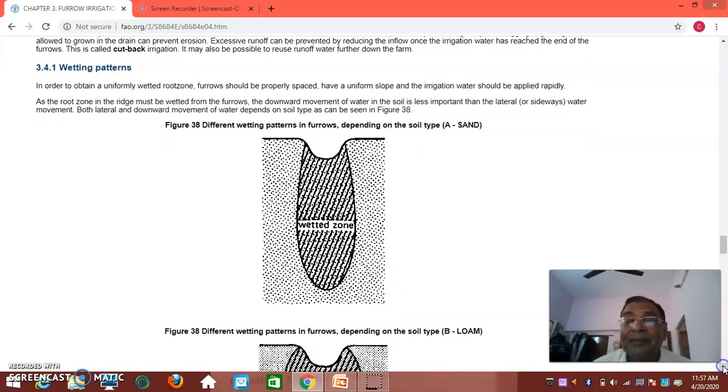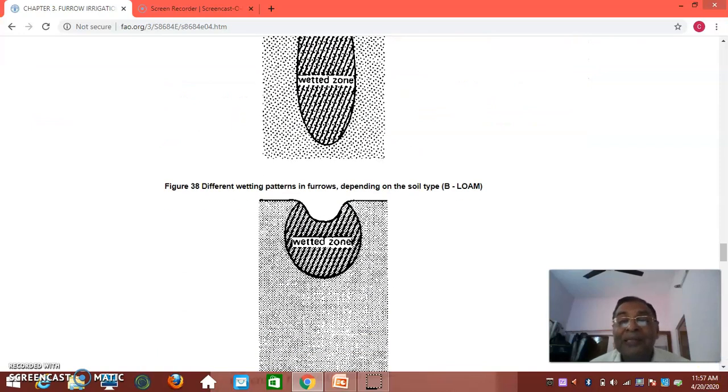As the soil texture changes to loam, you can see almost a ball-like shape, so you can have reasonably wide ridges in loamy soils.